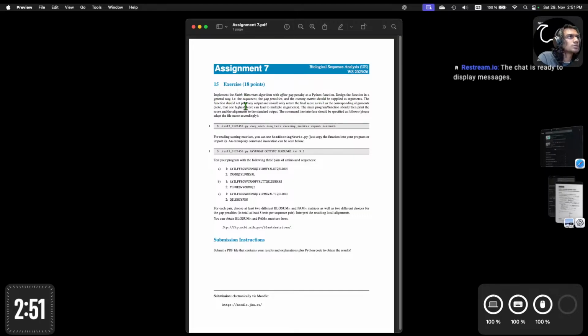Design the function in a general way, so that sequences, gap penalties, and scoring matrix should be supplied as arguments.